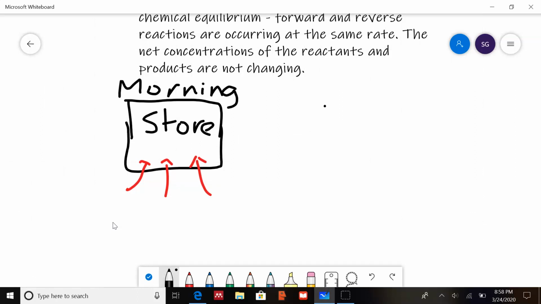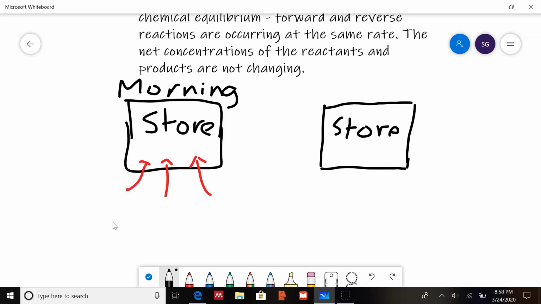But eventually, later in the day, those people who were in the store are going to start leaving the store. But there's going to be new people coming into the store.